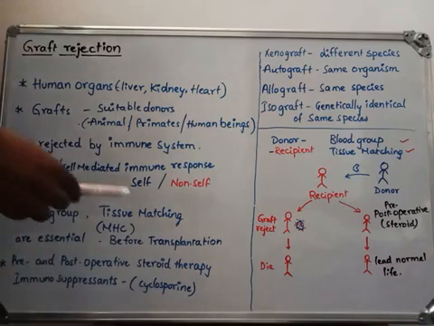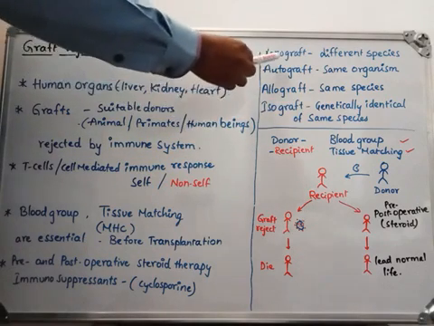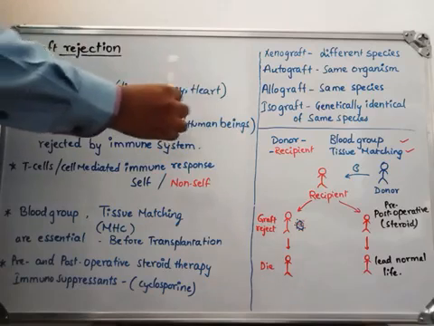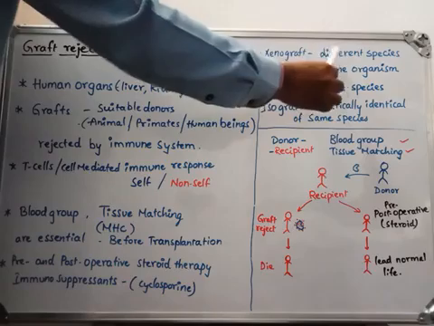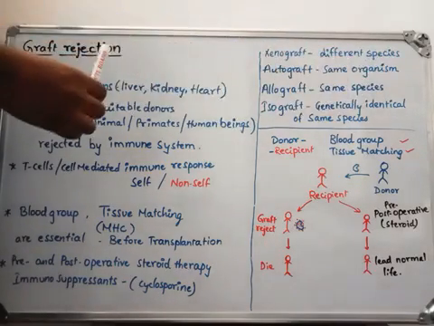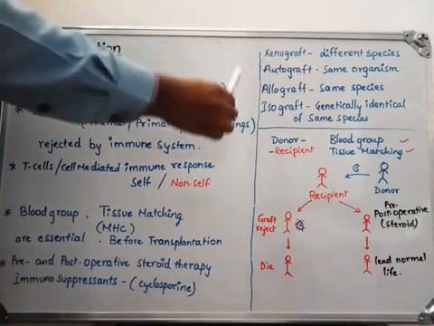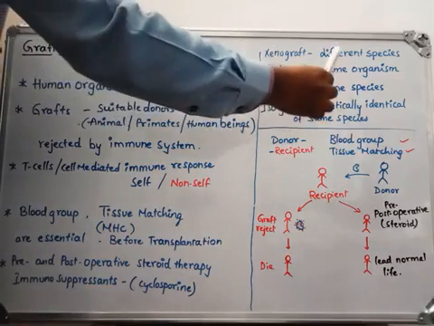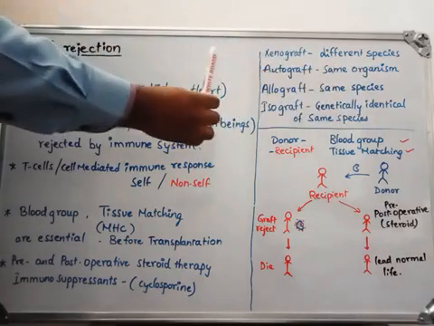Next, there are different kinds of organ transplantations we are going to study. A xenograft is an organ transplantation between individuals of different species. An autograft is tissue transferred from one place to another place of the same organism.